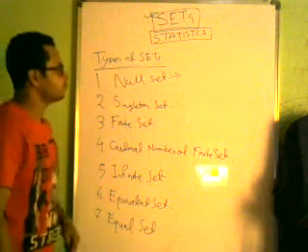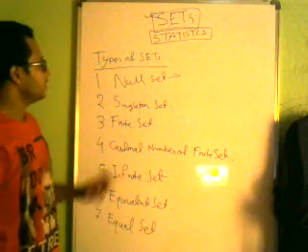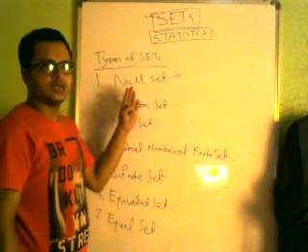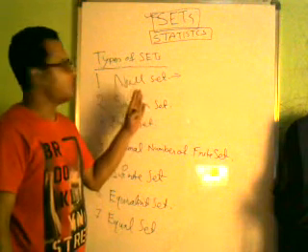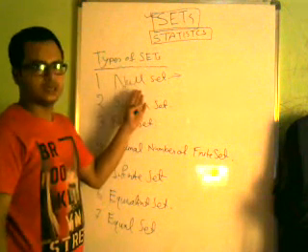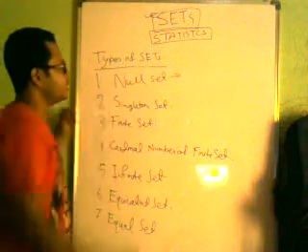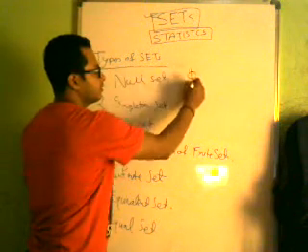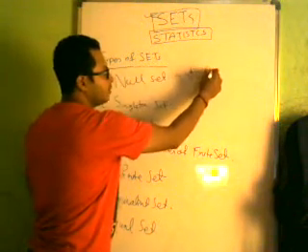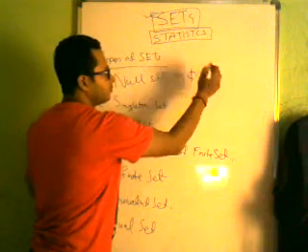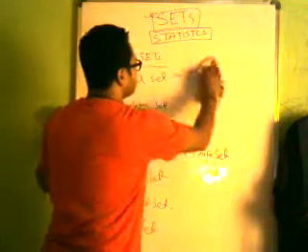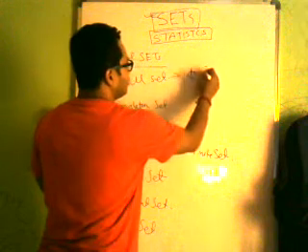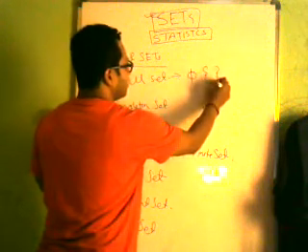Null sets. If the set doesn't have any elements, then we call it a null set, and we represent a null set by this or by empty curly brackets.